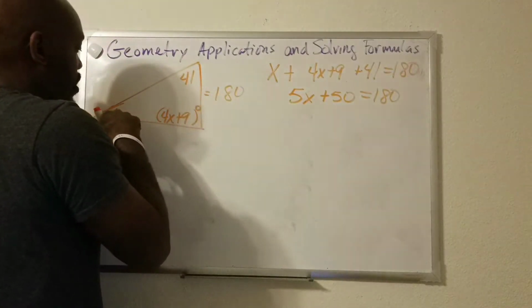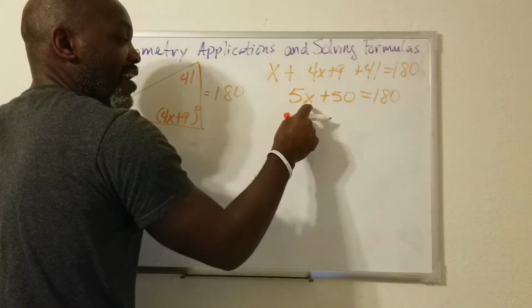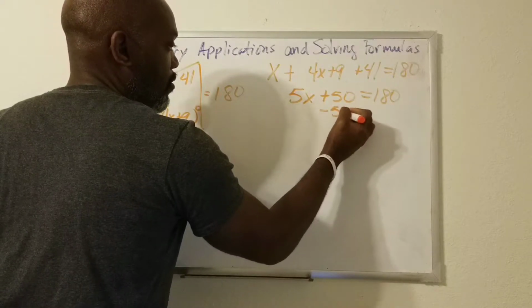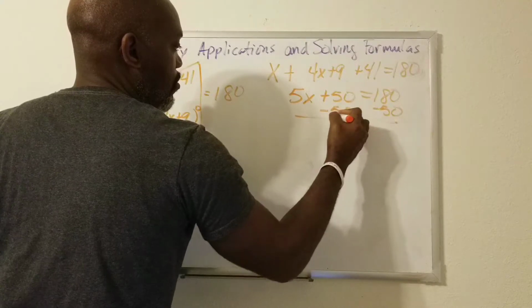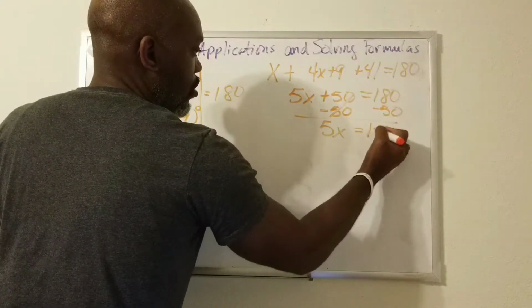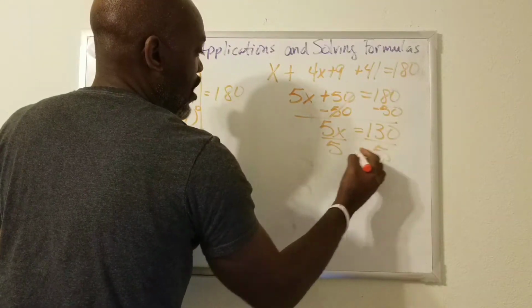The goal is to find out what these two measurements are. But in order to do that, we have to find out what x is. So we're going to subtract 50 from both sides. We end up with 5x equals 130. We're going to divide both sides by 5.